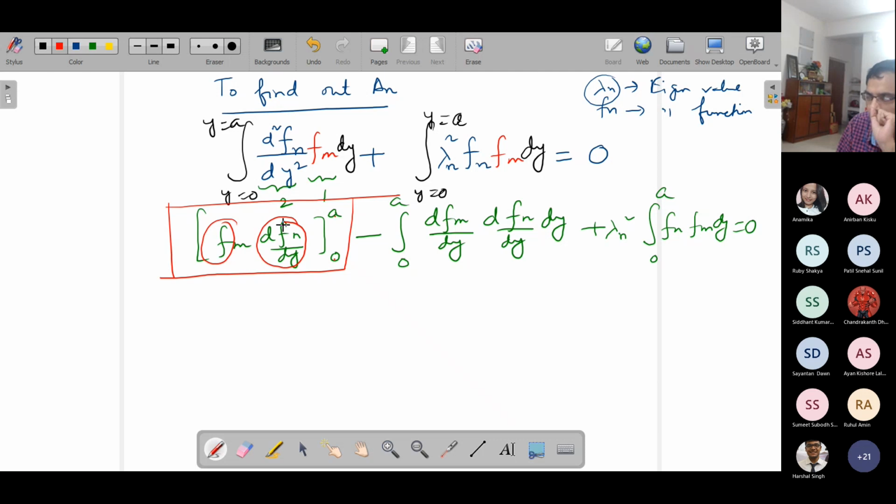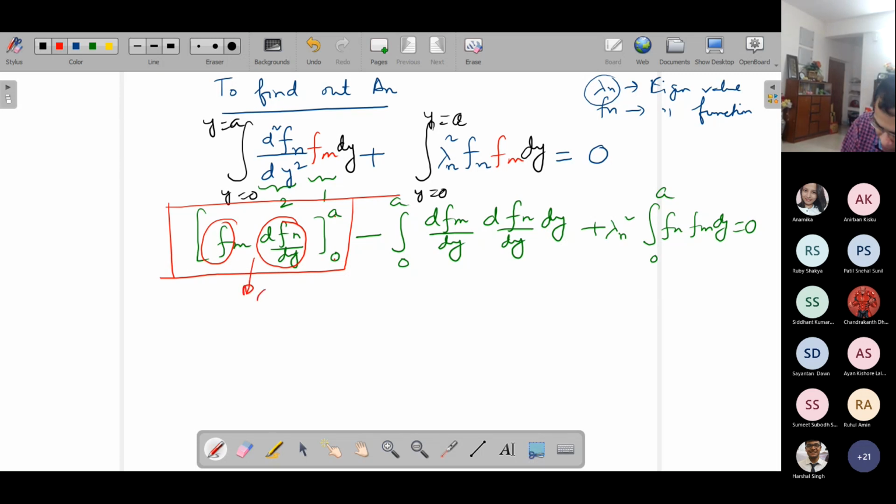I told you that the method of separation of variables will work if the boundary condition is homogeneous. Here the boundary conditions on f and df dy are homogeneous at a and 0 respectively. So at y equal to 0 you have df dy equal to 0, and at y equal to a you have f equal to 0, if you recall.